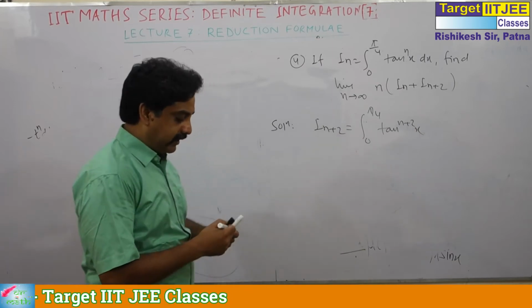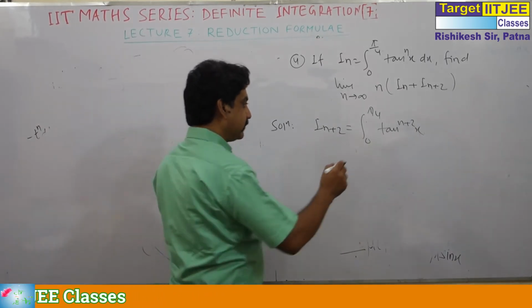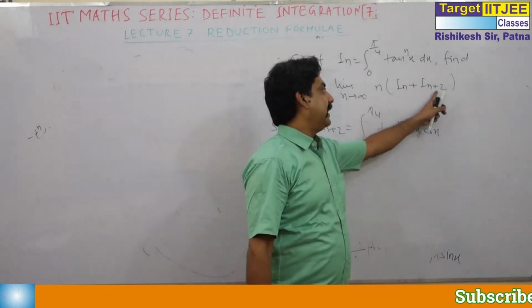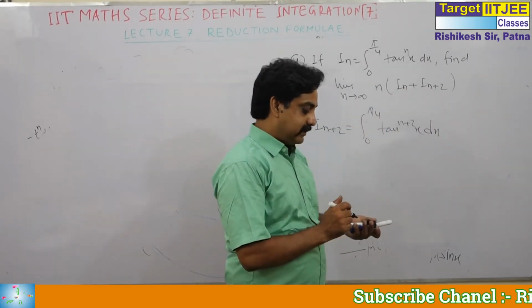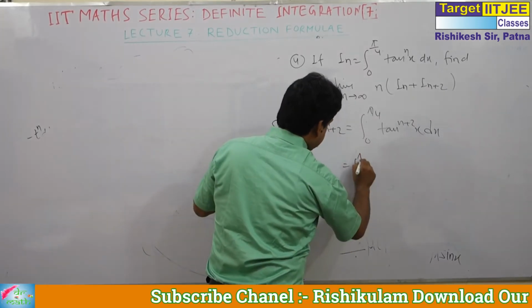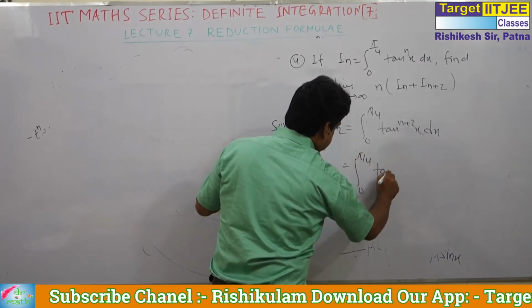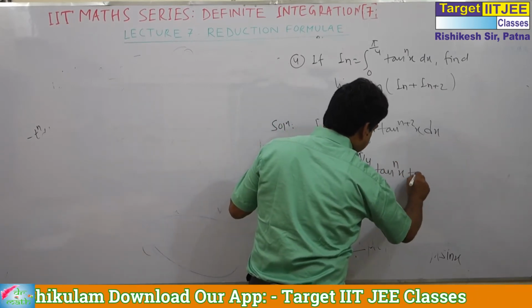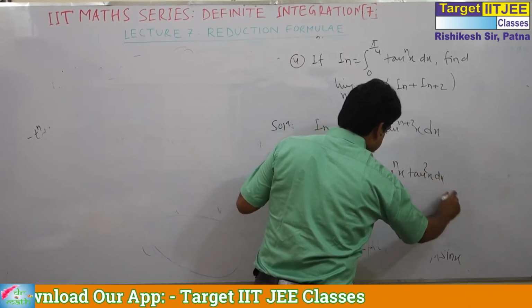Now, how do we integrate? Or how do we find a relation between In plus 2 and In? In this way. First, to establish the reduction formula, we take tan to the power n x into tan square x dx.